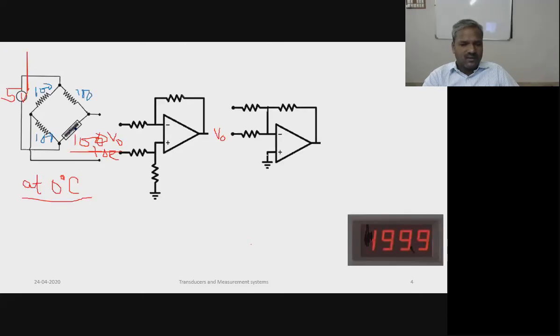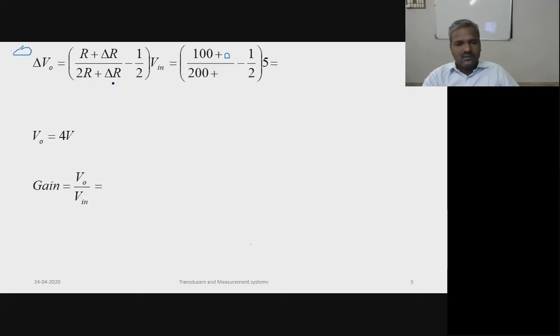This is R plus del R. These are all R. So (R plus del R) divided by (R plus 2R plus del R) minus R by 2R. That is 1 by 2.